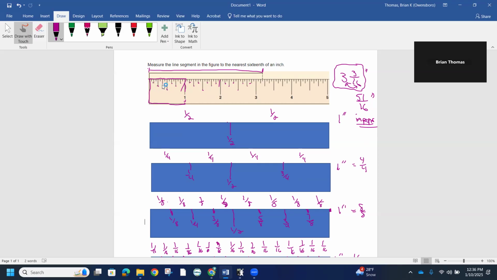So 1/8, 3/8, 5/8, 7/8, 1/4, 3/4. Notice how there's only that one half because one half and one half will get you to 1 inch. And then of course the baby ones, 1/16, 3/16, 5/16, 7/16, 9/16, 11/16, 13/16, and 15/16.